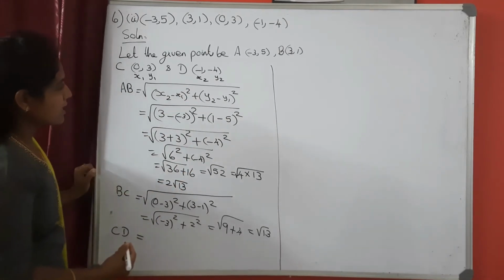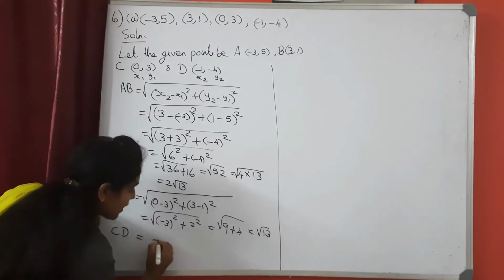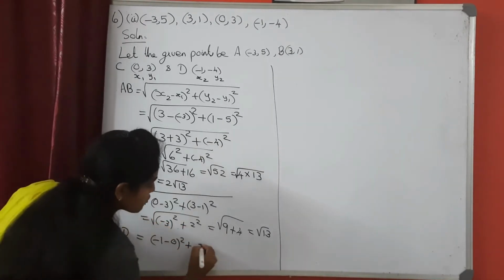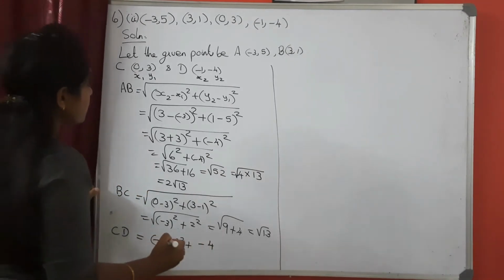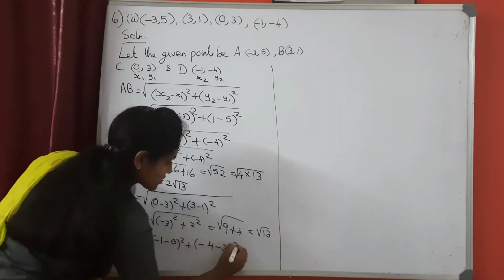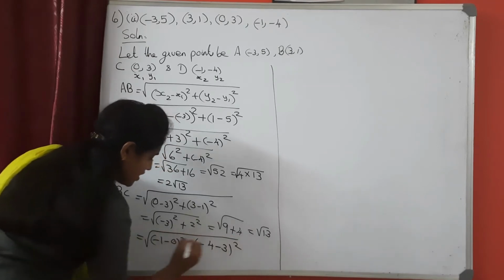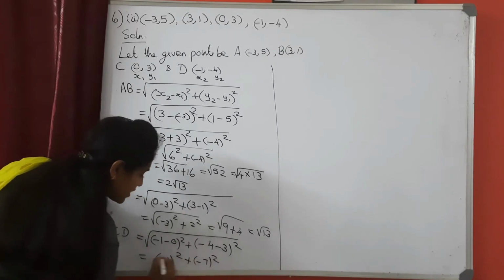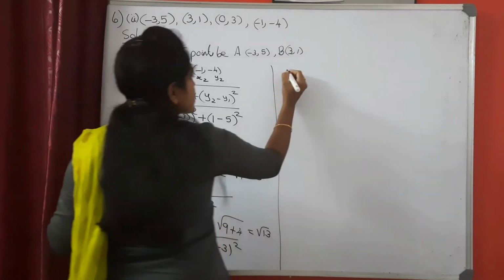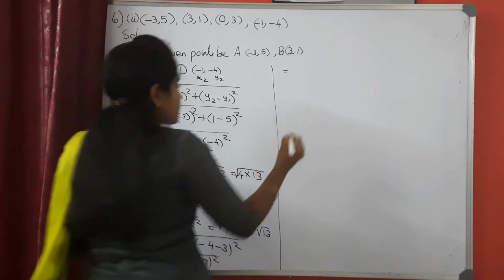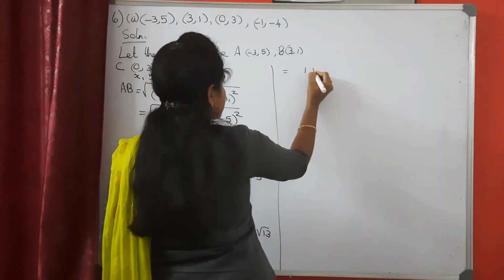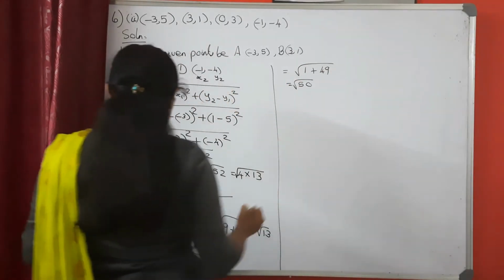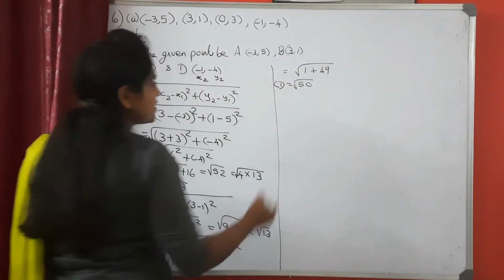What is the distance formula? x2 minus x1 the whole square plus y2 minus y1 the whole square: 1 minus 0 the whole square plus minus 4 minus 3 the whole square, which is equal to minus 1 the whole square plus minus 7 the whole square, which is 1 plus 49, equal to root 50. So CD equal to root 50 we got.